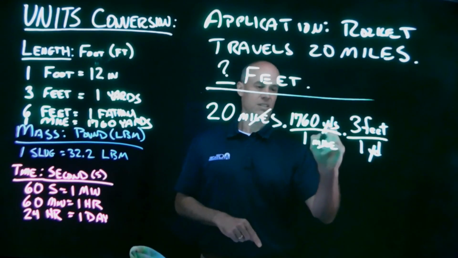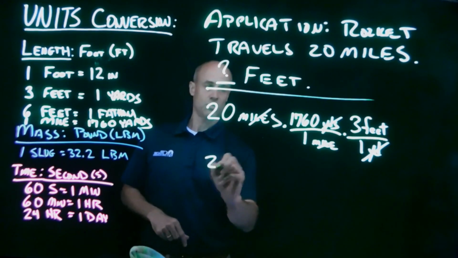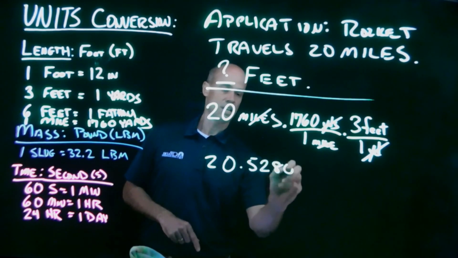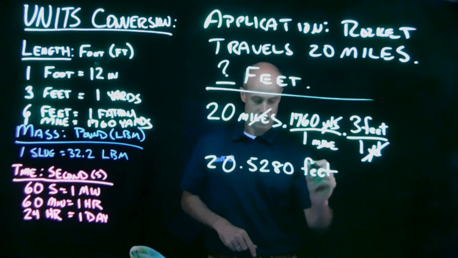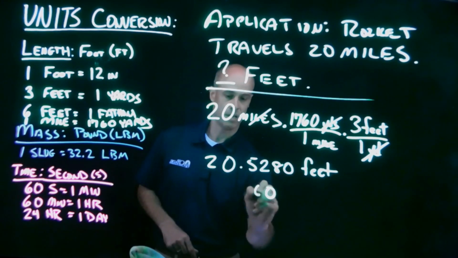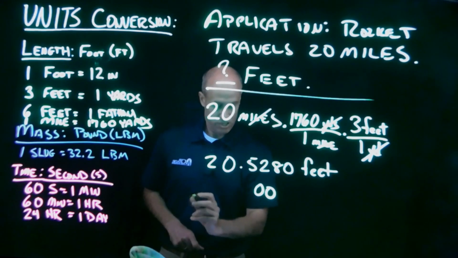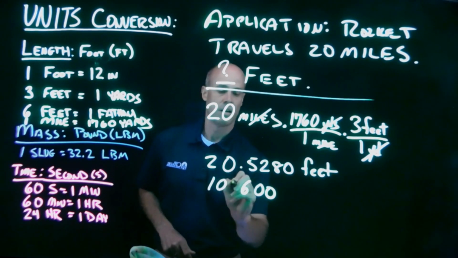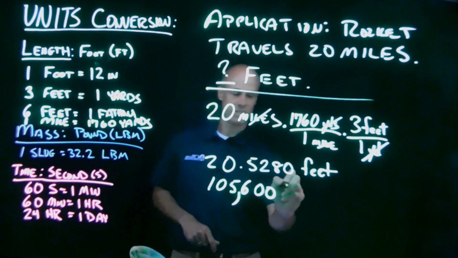So miles cancel out, the yards cancel out, and we're left with 20 times 5280 feet. And that's going to come out to 105,600 feet.